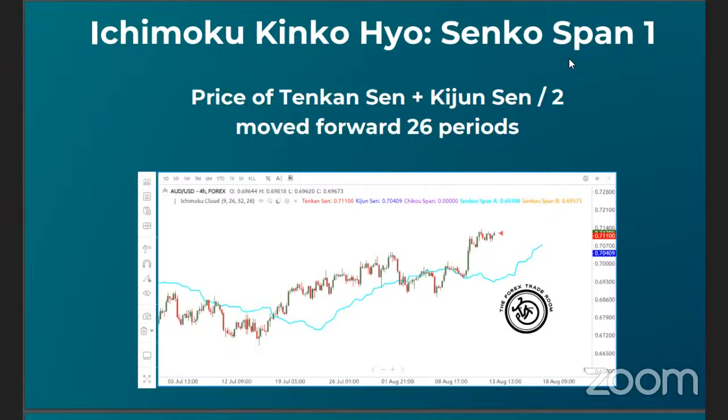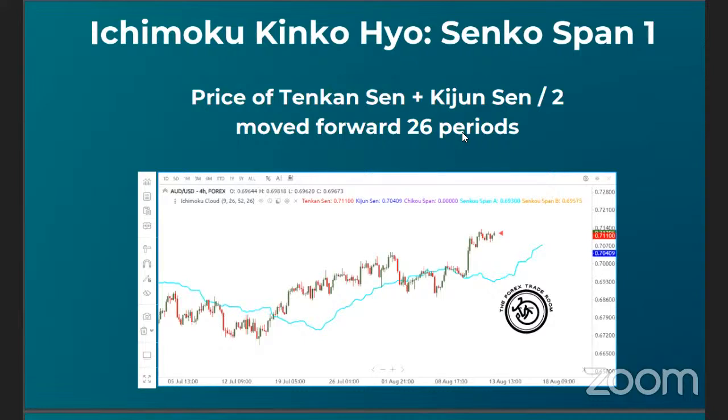What it does is it takes the Tenkan-sen, that calculation we started out with, plus the Kijun-sen, and divides it by 2. And this is the coolest thing, my favorite part: it moves it 26 periods forward.